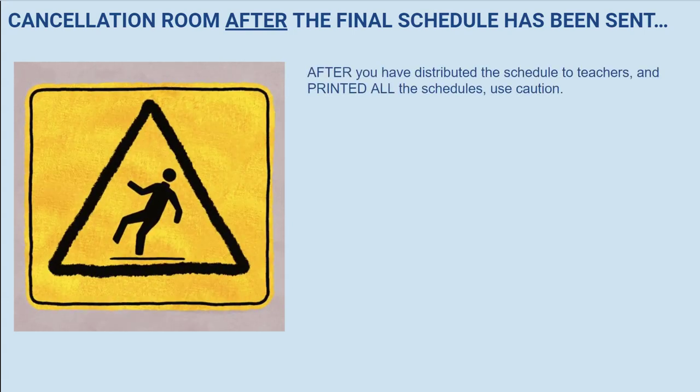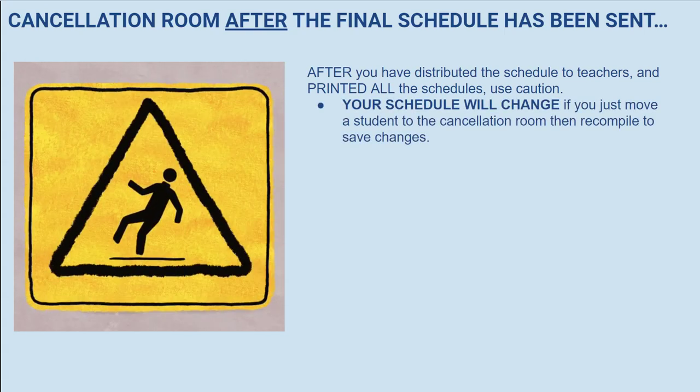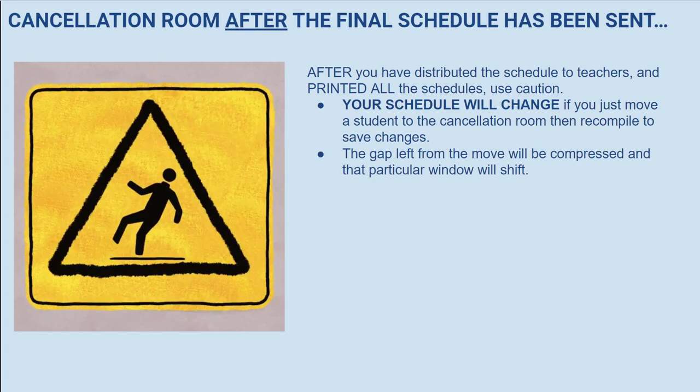After you have distributed the schedule to teachers and printed all the schedules, use caution. Your schedule will change if you just move a student to the cancellation room, then recompile to save changes. The gap left from the move will be compressed, and that particular window will shift.